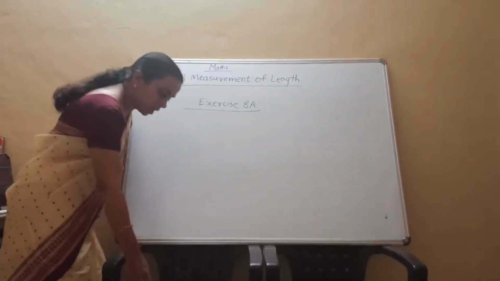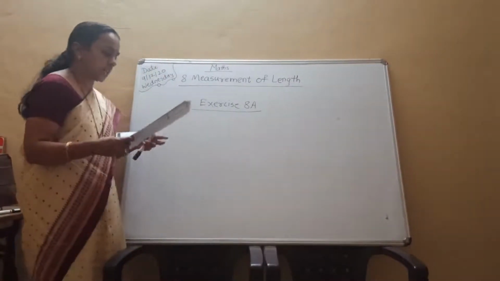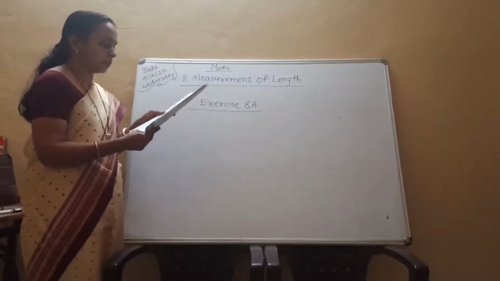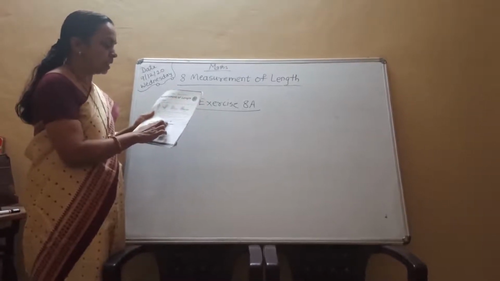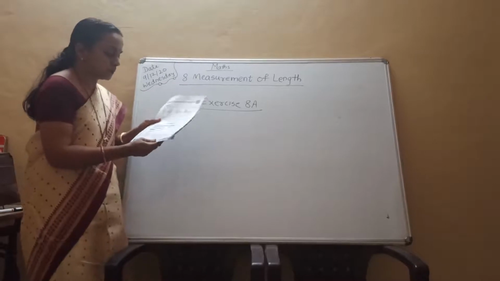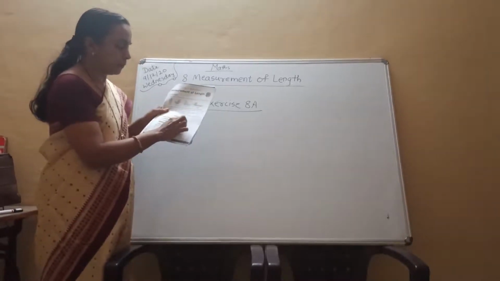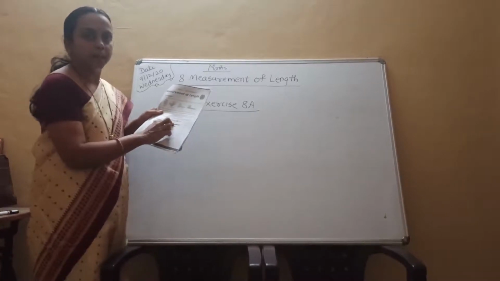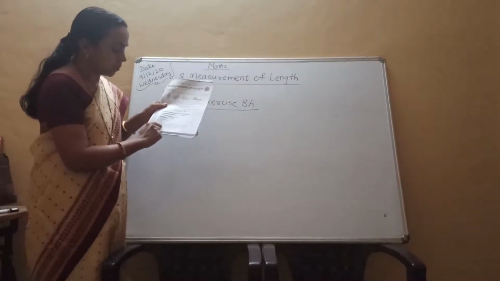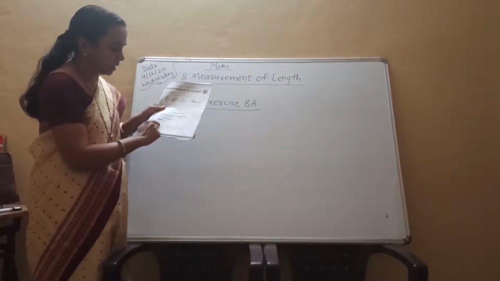So in your first exercise, exercise 8A, what is given? Write down the lengths of the objects in the box. We will start. What is this first picture? That is your pencil, and you can see one scale is also given here.